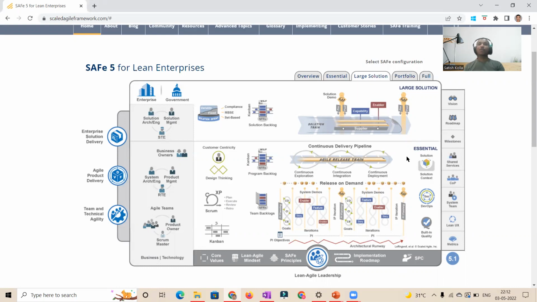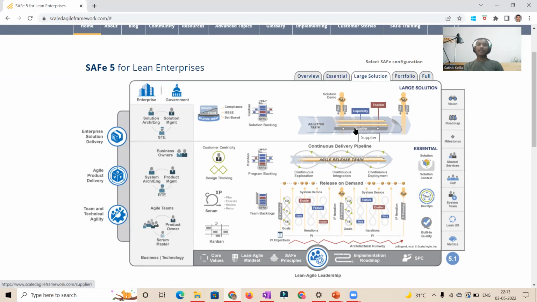Now coming to the large solution, what is the main difference between essential and large solution, or what additional aspects come into it? We will be talking about a solution train, which means we are still talking about one single solution where multiple release trains are working on one common solution, which is called a large solution, along with the supplier release train. What does that mean?